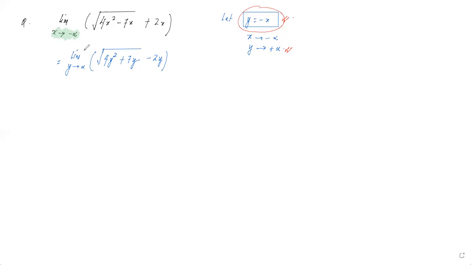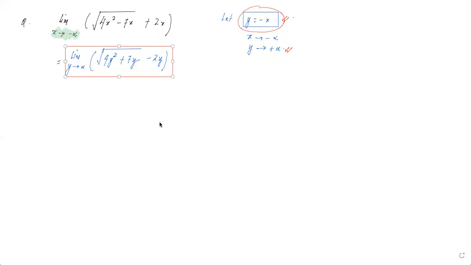So what is the question? Limit y tends to infinity, square root of 4y square. Instead of minus 7x, we got plus 7y since we substituted minus x with y. And outside we had plus 2x, which now becomes minus 2y, once again, since we made the substitution of minus x with plus y.